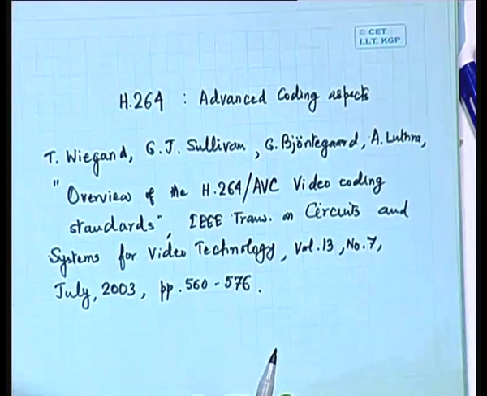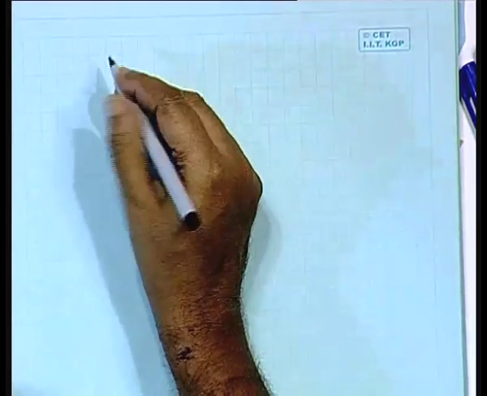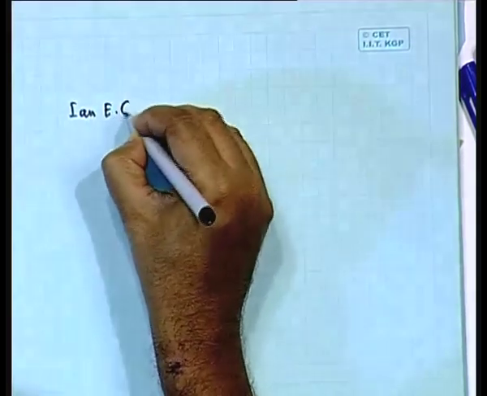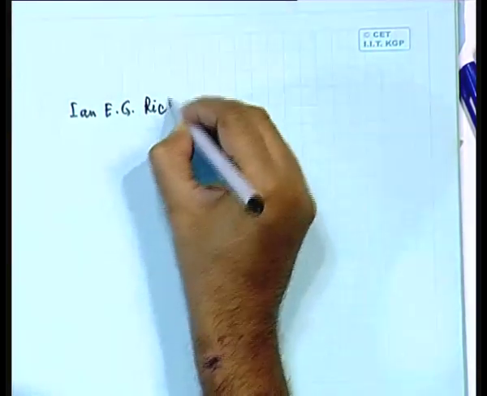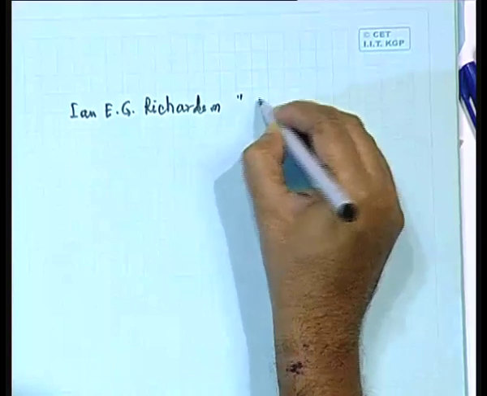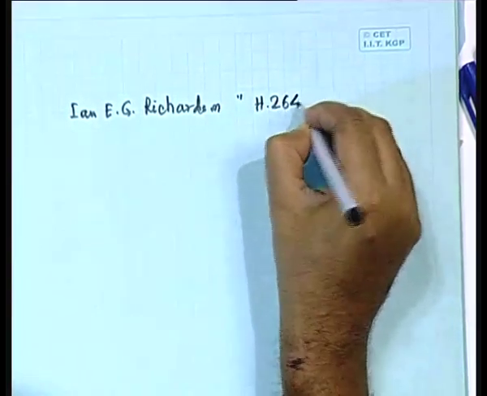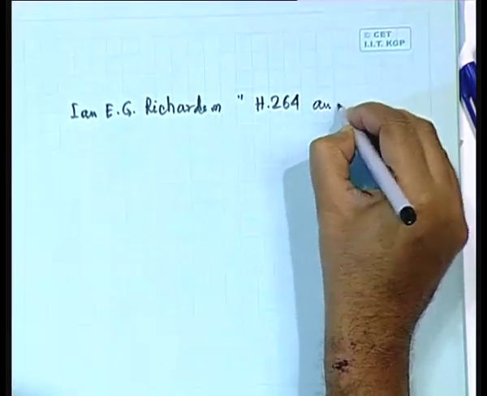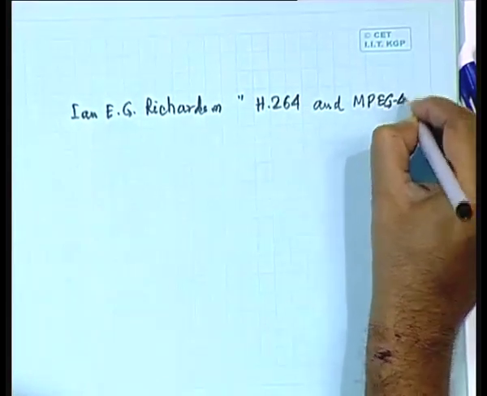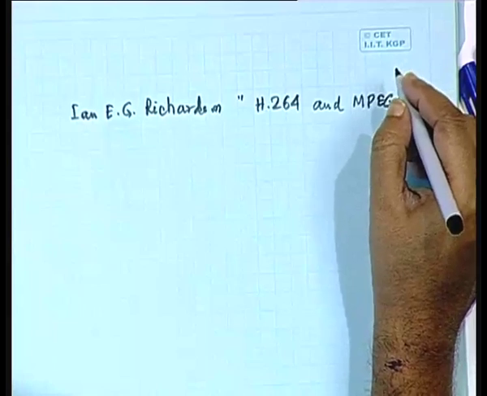And another reference that I would like to suggest for you is a very recent book that has been published by Wiley, and that is by Iain E. G. Richardson, and the title of the book is H.264 and MPEG-4 Video Compression. In fact, it covers both these standards in considerable detail.